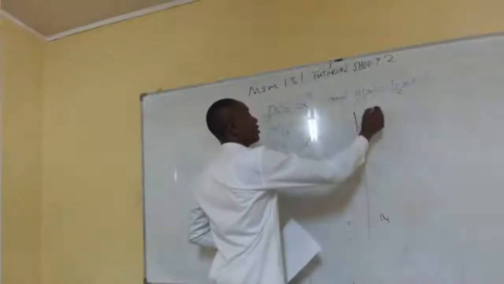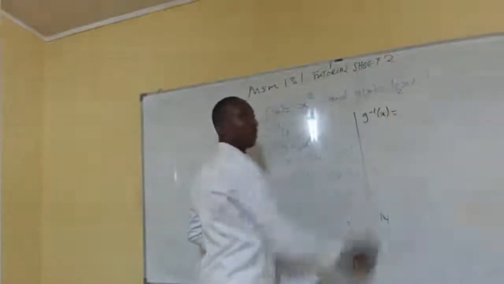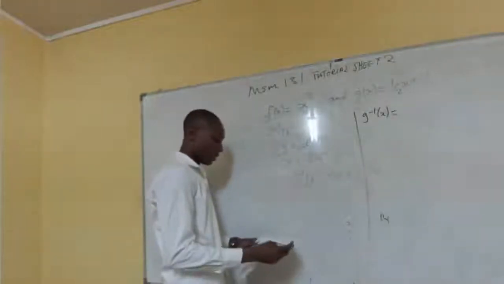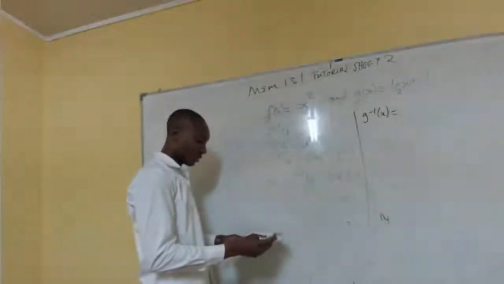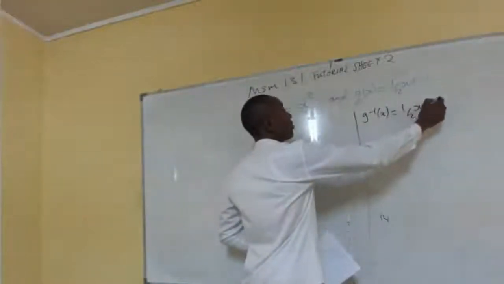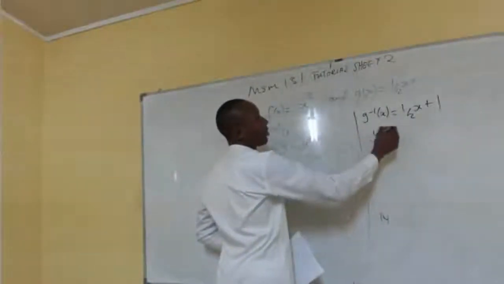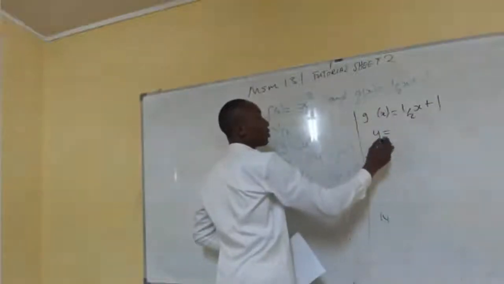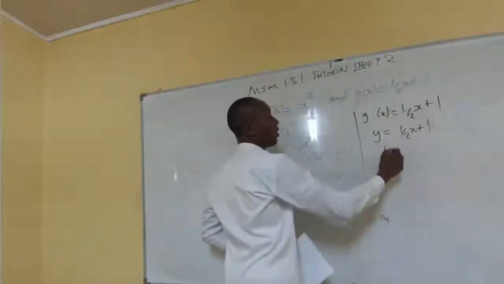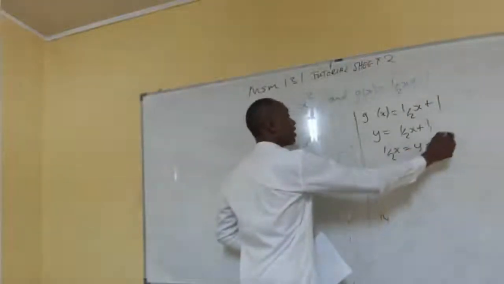What is g inverse of x? We have g of x as 1 over 2x plus 1. So y equals 1 over 2x plus 1. 1 over 2x is equal to y minus 1.